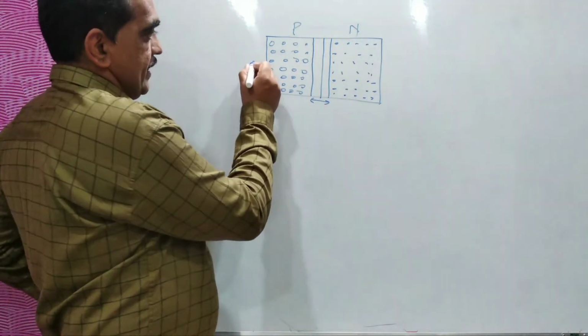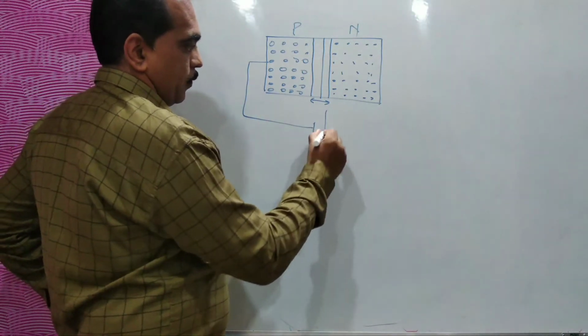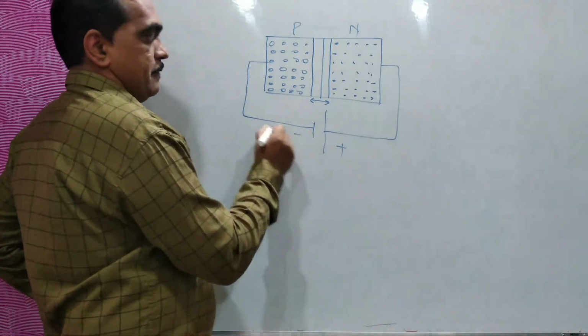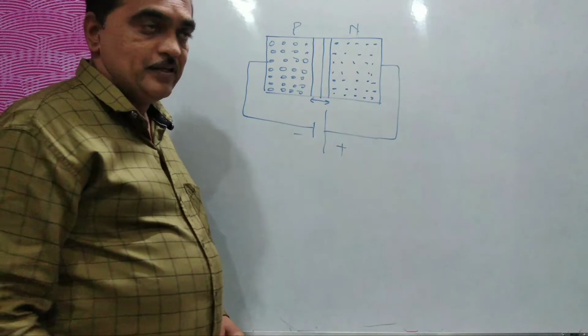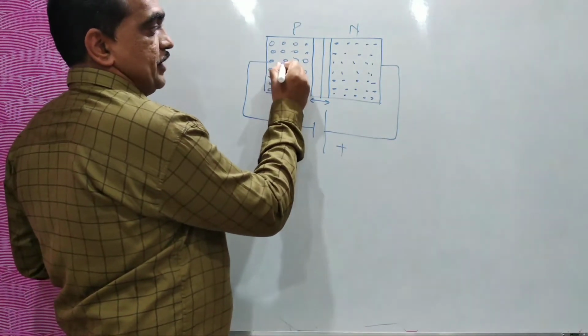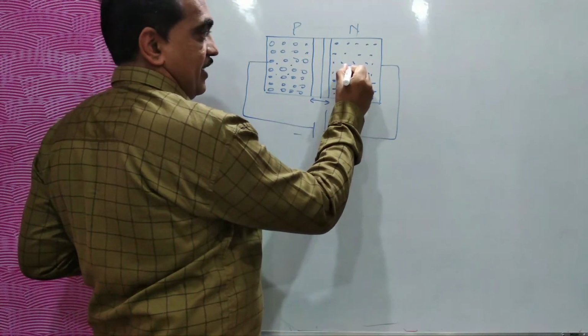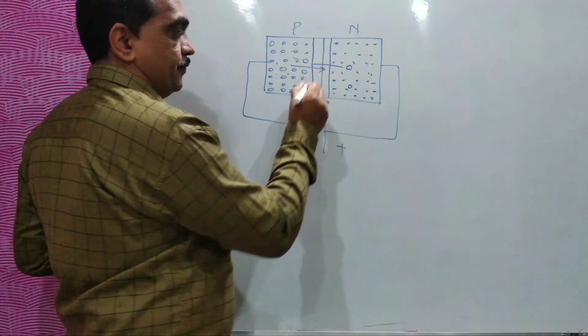So when you reverse bias a Zener diode, minus goes to the P-type region and plus goes to the N-type region. The minority charge carriers in P-type, say electrons, and in N-type, say holes, start crossing over.